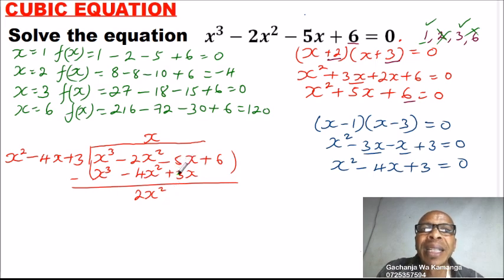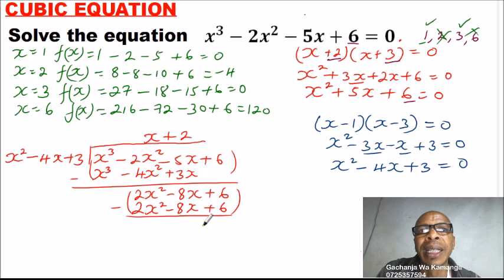Minus 5 minus 3 gives us minus 8x, and here it is 6. So we get 2 here: 2 multiplied by x squared is 2x squared, 2 multiplied by minus 4x is minus 8x, and 2 multiplied by 3 gives us 6. When you subtract, you get 0. This means that this is the third factor.